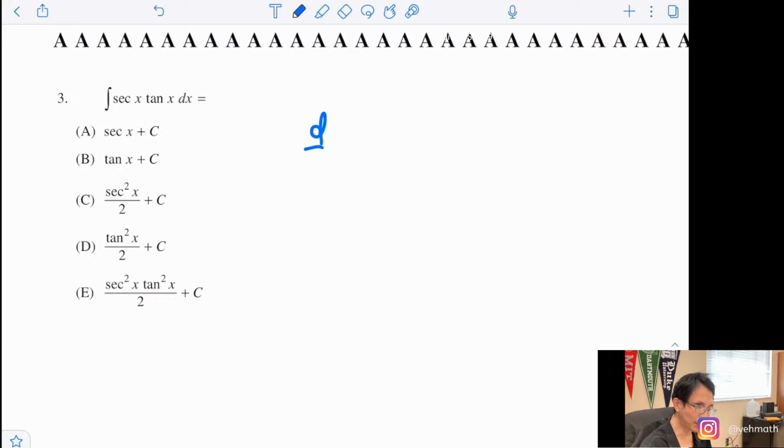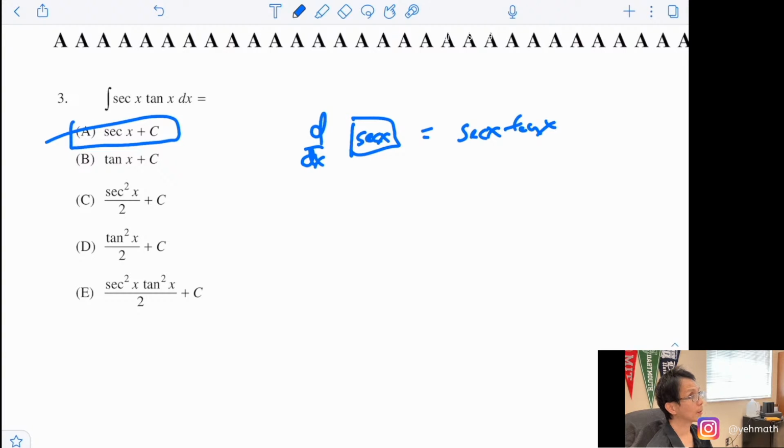So if d/dx of something is equal to secant x tan x, this has to be secant of x. Now since you integrate, you go backwards, so that must be it. Oh, come on, you got this. It's easy.